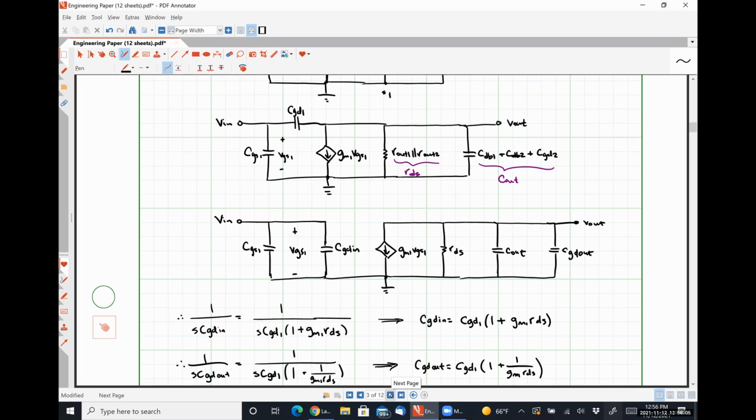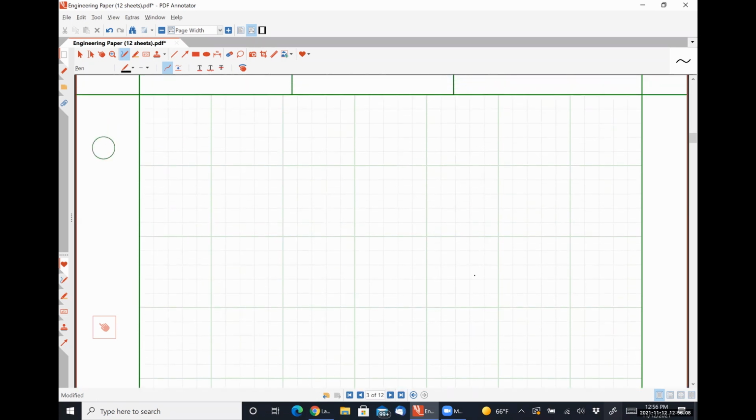So we will have V out as a function of S frequency will be negative GM1 times Vn multiplied by RDS divided by S times C out plus CGD out.